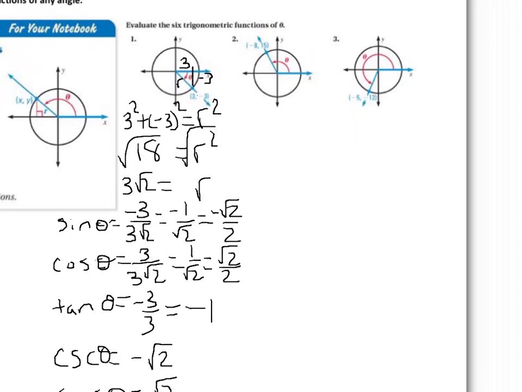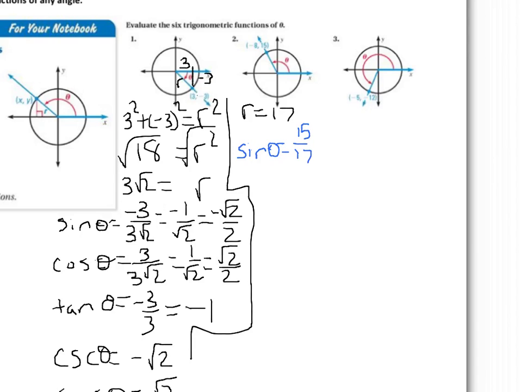Eight and 15. So for this one I got the radius is 17, by following this formula, x squared plus y squared equals r squared. So the sine, 15 over 17.